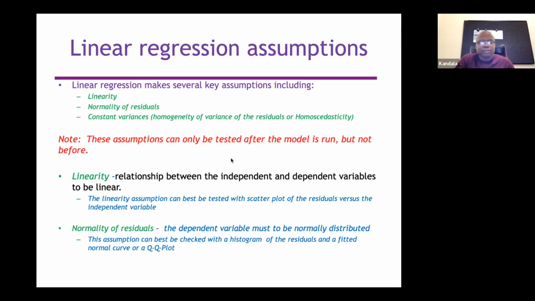And the third one is constant variances, that is homogeneity of variances of residual, sometimes called homoscedasticity.